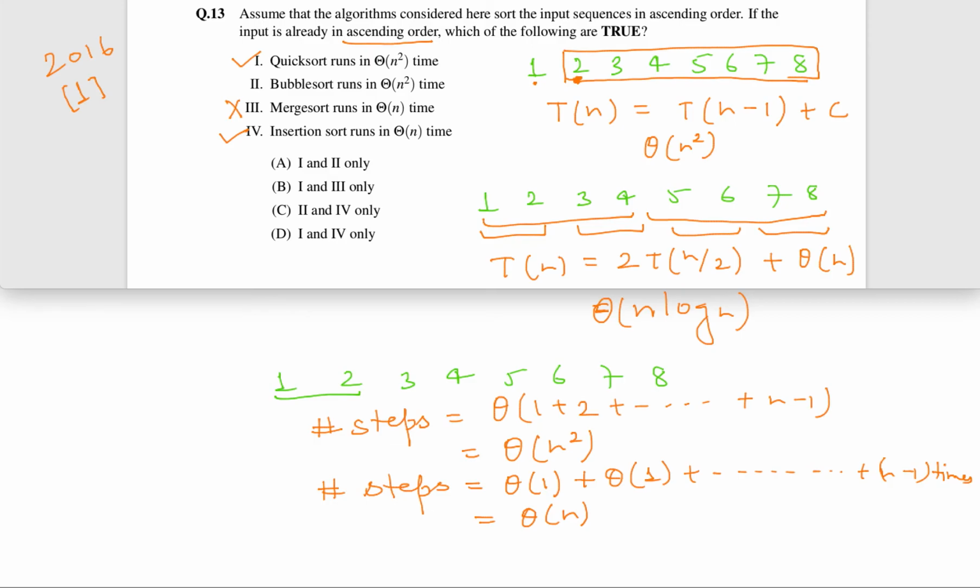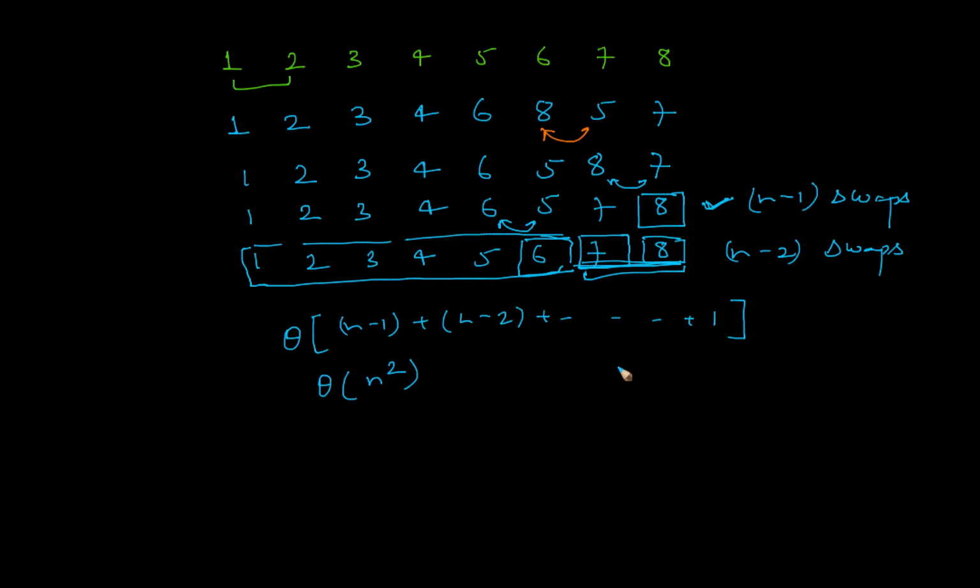But what happens in a particular optimized version of bubble sort, let's say, see, we are comparing these two, and we are checking whether we have done any swaps or not. If we see that in a particular iteration no swaps are happening, then we can safely say that the entire sublist is already sorted.